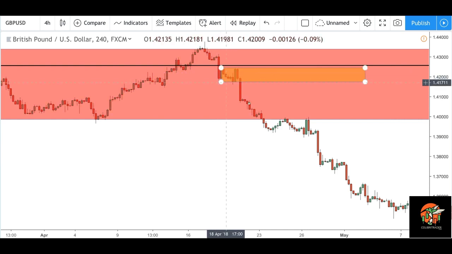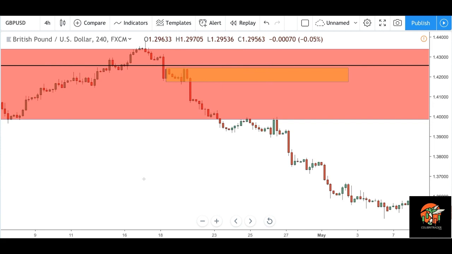So this little cluster here is giving us information that this is an area rich in sell orders. So what I'll be looking for is for the price to retest this level, which happened here. Then you have an inside bar, which gives you an indication that you can short this currency pair.